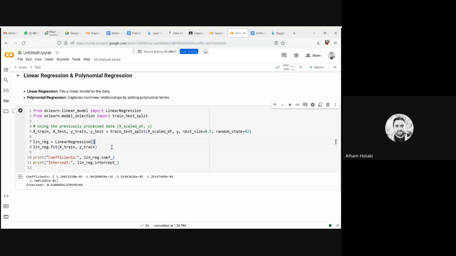But the formulas for all those functions are now built into the scikit-learn toolkit. Then you fit the model to X train and y train. Then let's print the coefficients of this linear regression. So these are the coefficients, and this is the intercept. This is how simply you can develop a linear regression model after balancing the data and encoding the data.